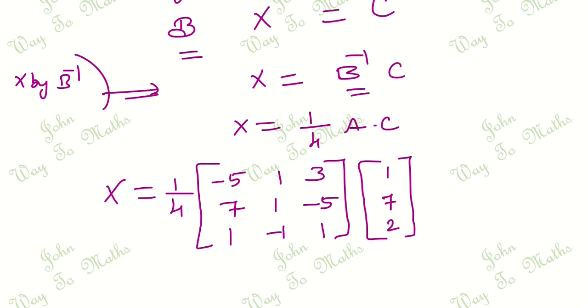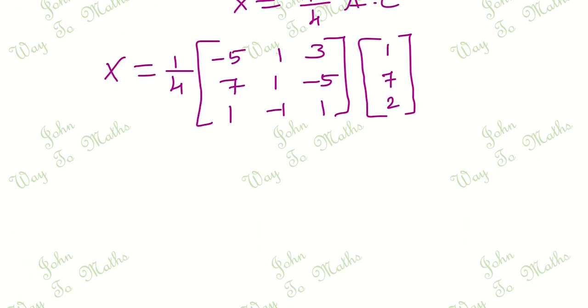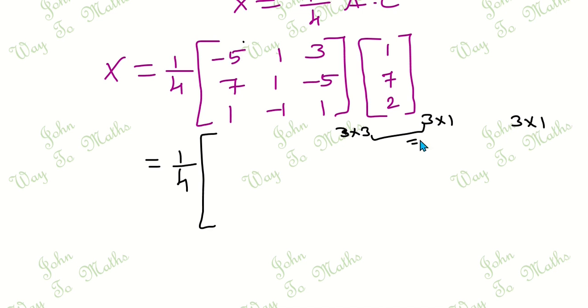I am going to multiply these two matrices, 1 by 4 of the first matrix into the second matrix. The first matrix order is 3 by 3, and the second matrix is 3 rows into 1 column. So the first matrix's column count and the second matrix's row count are equal, so we get the answer matrix of order 3 by 1.